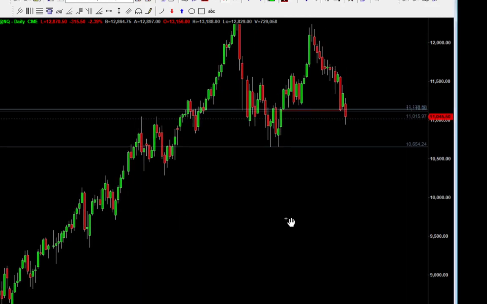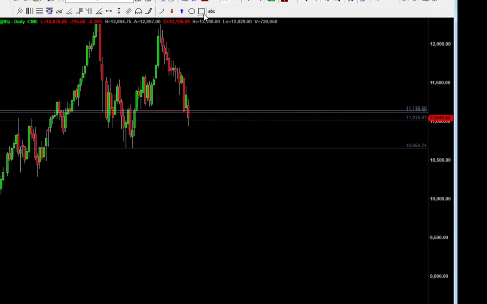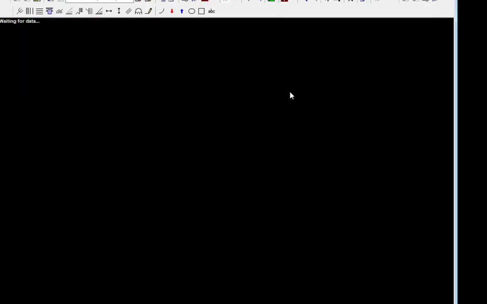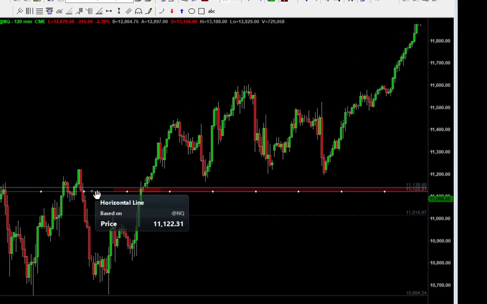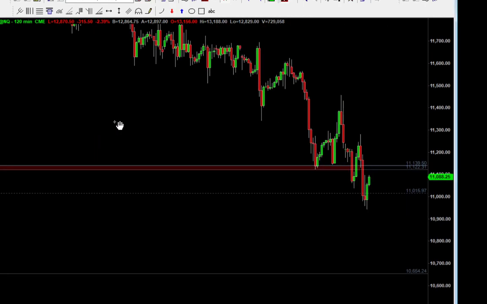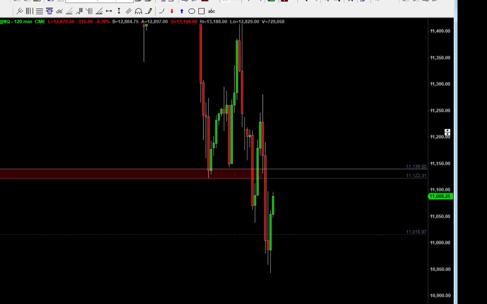Look, it completely broke on the daily. That daily line broke a little bit, just ever so slightly. And then on the 120 minute, I don't know what happened. Did it break this line? It's tough to say if it broke or not.